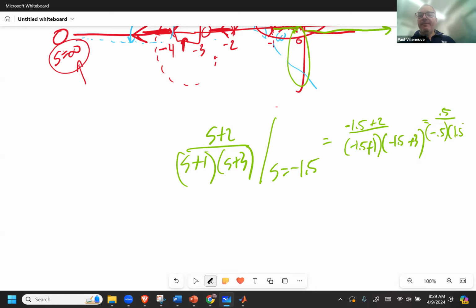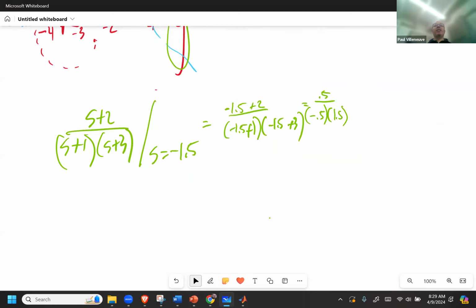Everybody agree with that? Now we're going to treat these as complex numbers, even though they're real numbers. So this is 0.5 at an angle of 0, divided by 0.5 at an angle of minus 180 or plus 180, doesn't matter. I will put plus, and then times 1.5 at an angle of 0.